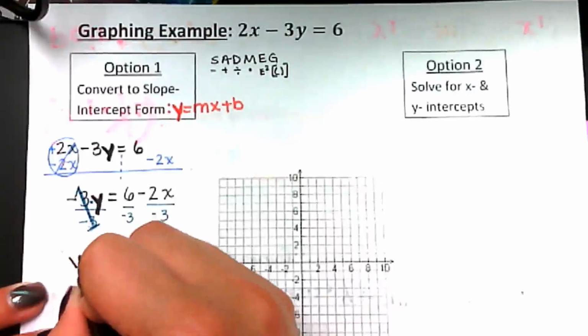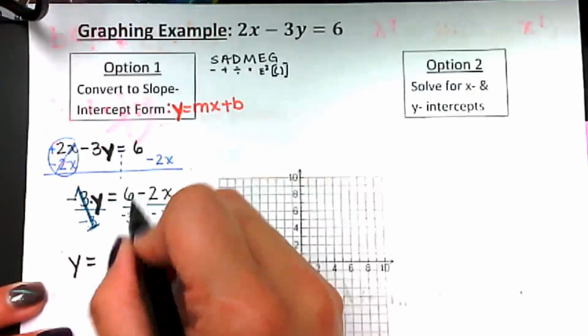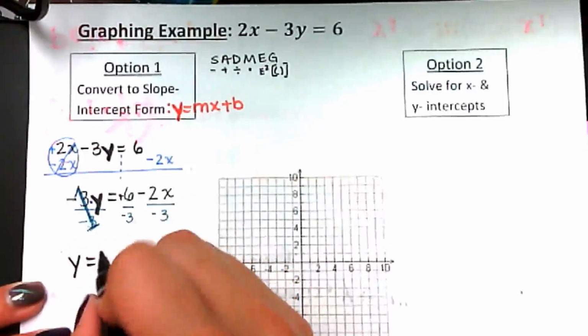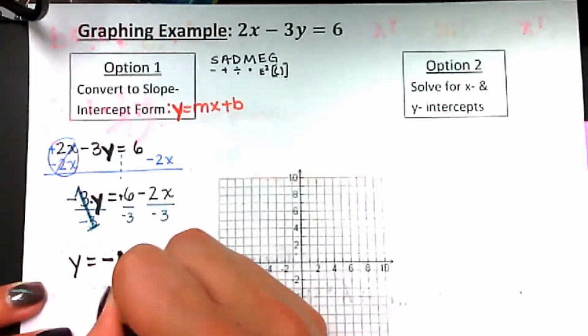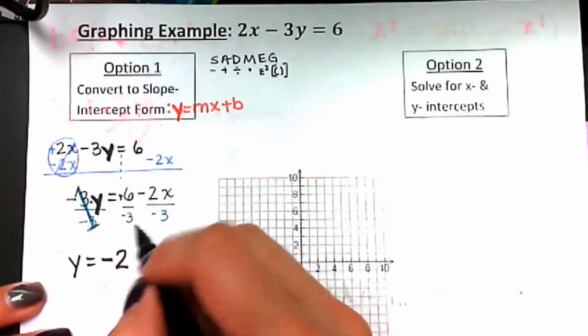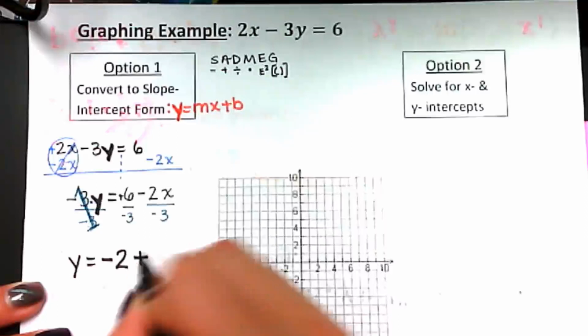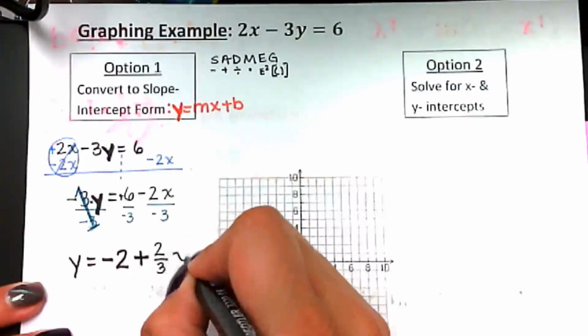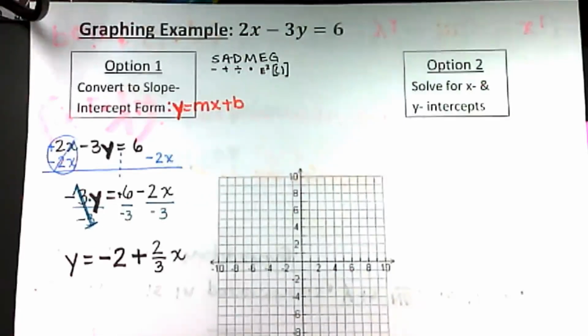So let's go ahead and write this out. I'm left with y equals, well, a positive divided by a negative would give me a negative again, and that reduces to 2. But a negative divided by a negative equals a positive. That would be a positive 2/3 x.